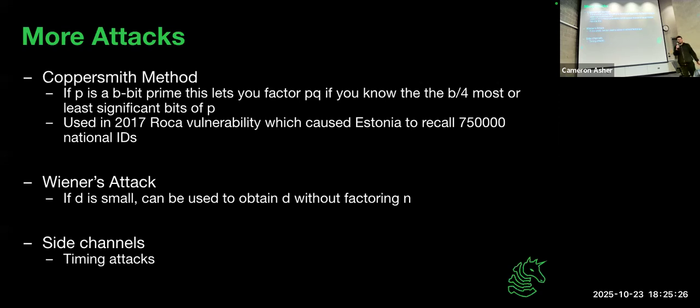And we also have side channels like timing attacks. Sometimes when we have some bits of the correct prime or the correct key, it will take longer to work. So we can just measure the time it takes to encrypt something or to test the specific key, and that will allow us to factor the prime.